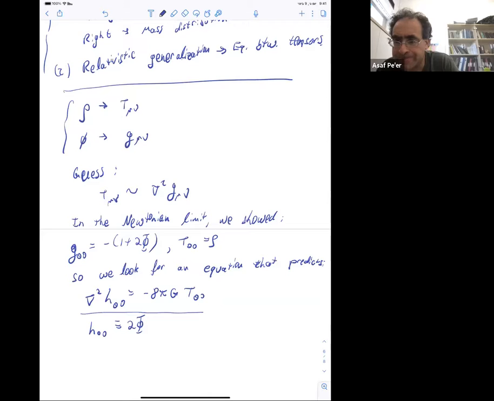This is still the Newtonian limit, but generalized to a tensorial equation. That's still not the full equation, because that just tells us what should be the 0,0 term of these tensors in the weak field approximation. But it gives us a hint.